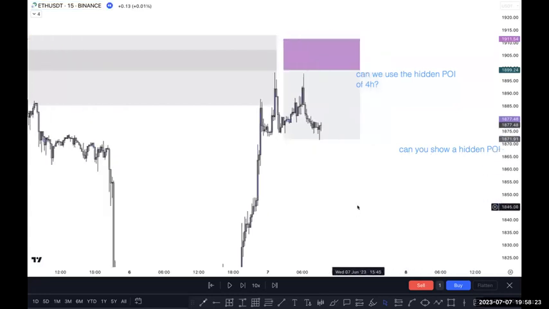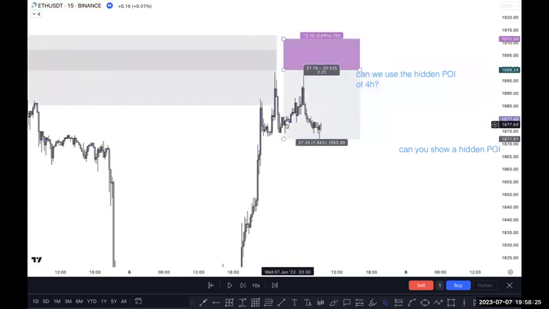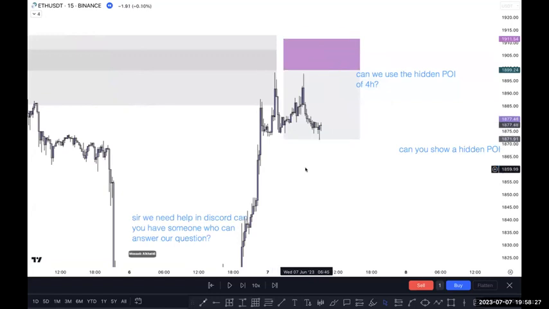Okay. So right now, in this case, the market pushes downside, and when can we expect. So we need help in Discord. Somebody, sir, for question answers and for more things, I will make a different platform.